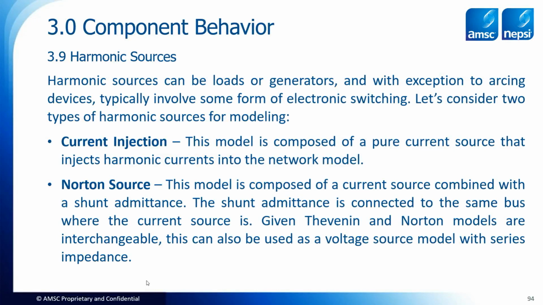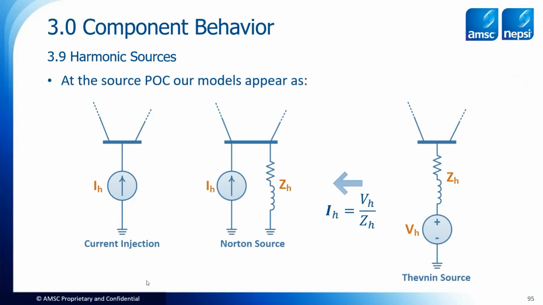So for the current injection, its form would look like this. It's nothing but a pure injection, each harmonic injecting into the bus wherever it happens to be located. So if this is an adjustable speed drive, this would be your model. Let's say you have a StatCom or some type of a source inverter drive.